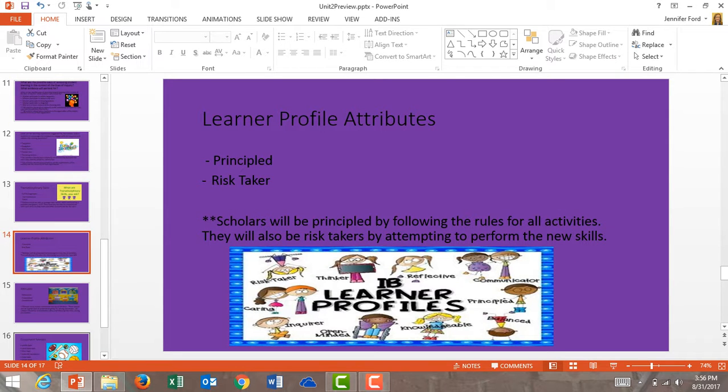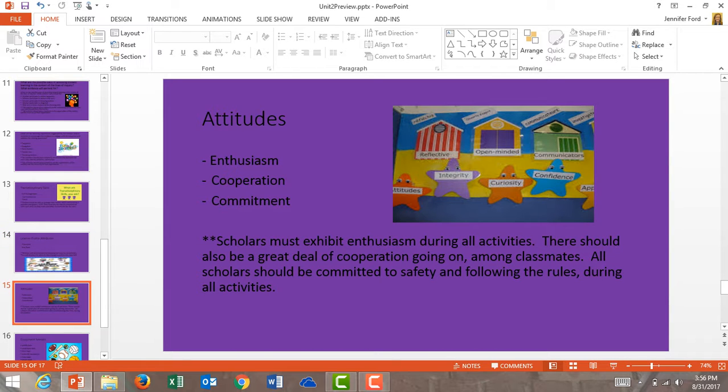So the learner profile attributes are principled and risk taker. Scholars will be principled by following the rules for all activities. They will also be risk takers by attempting to perform the new skills. So pretty simple, just again, but going over those with them, making sure that you're very intentional with that.